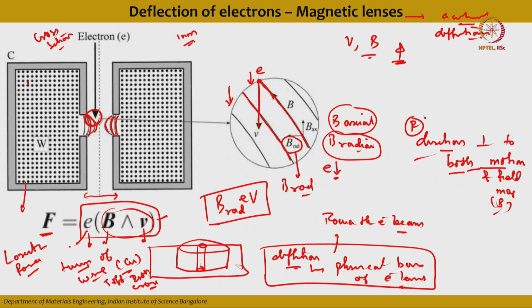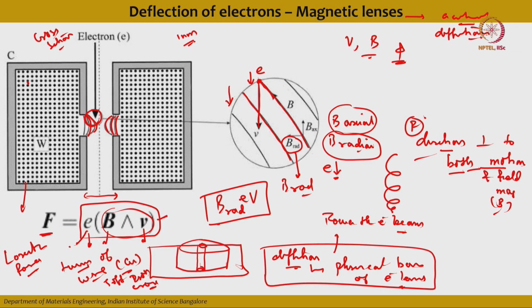So it generates a small radial component B radial which exerts a force, and this force causes the electron to travel in a helix manner along the lens.